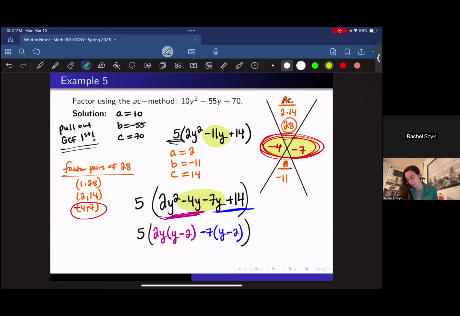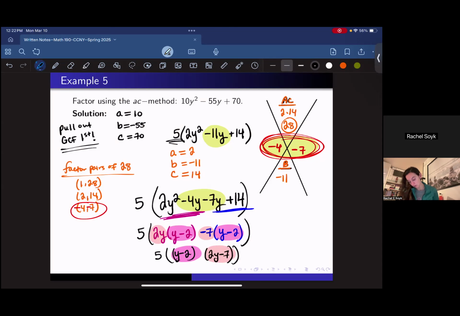So once again, we can squish this into a parentheses, and we can factor out a y minus 2 from each term. So our final result in simplified factor form is 5 in parentheses, y minus 2, and then in parentheses, 2y minus 7.